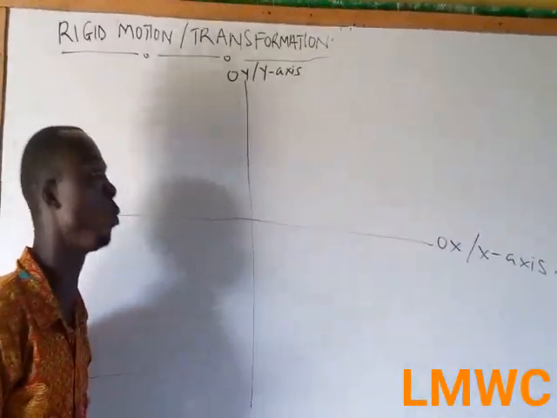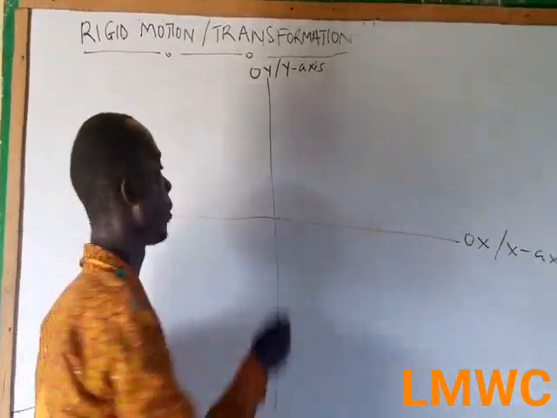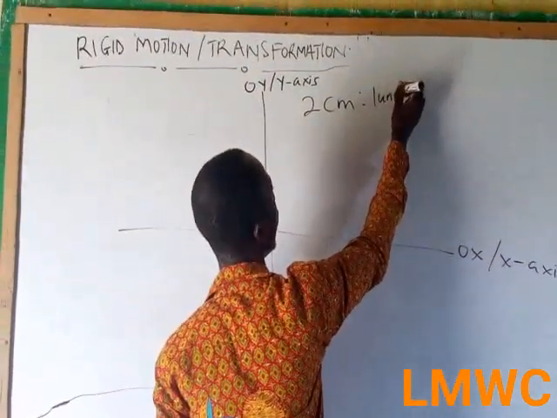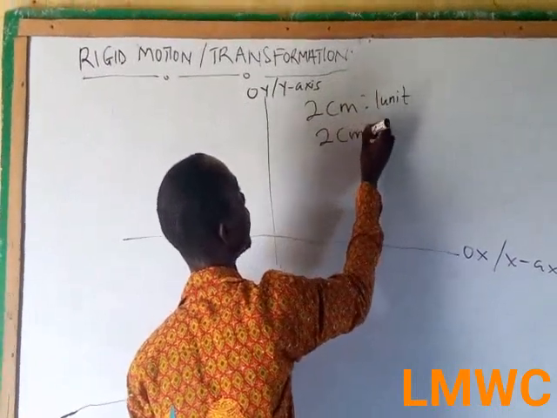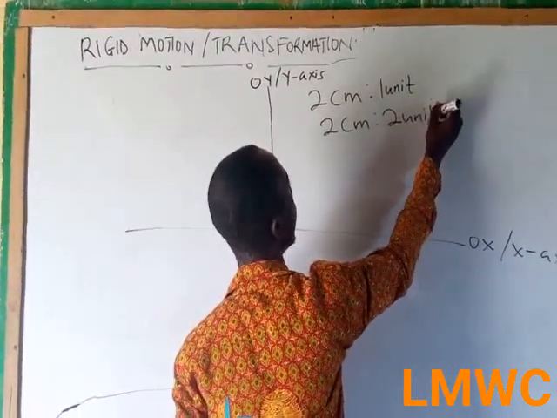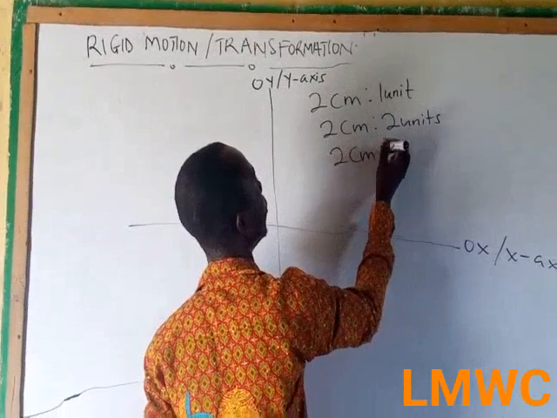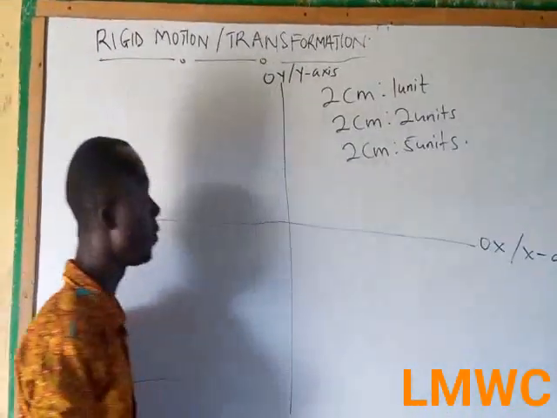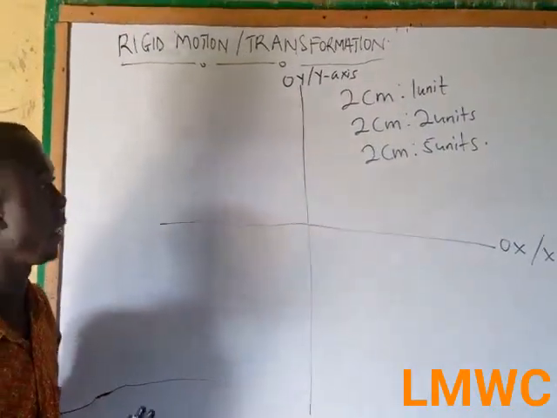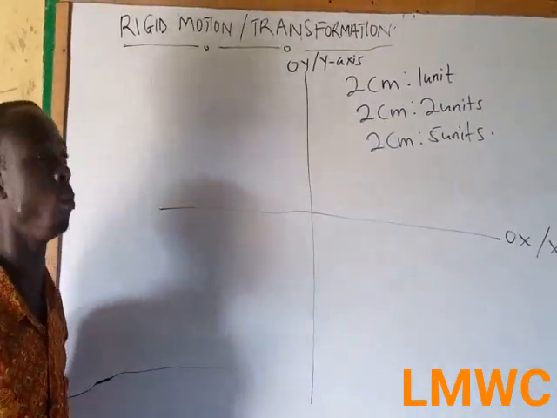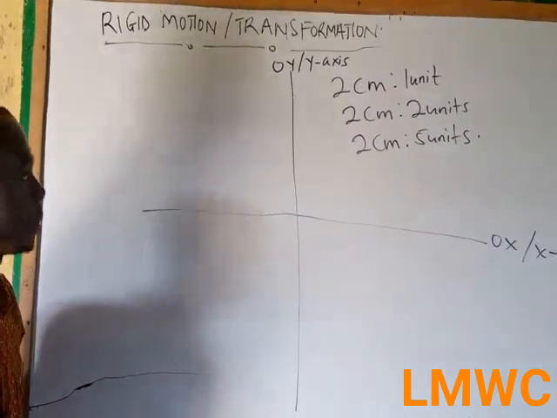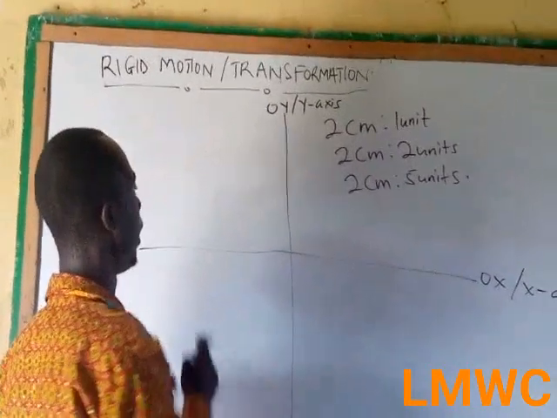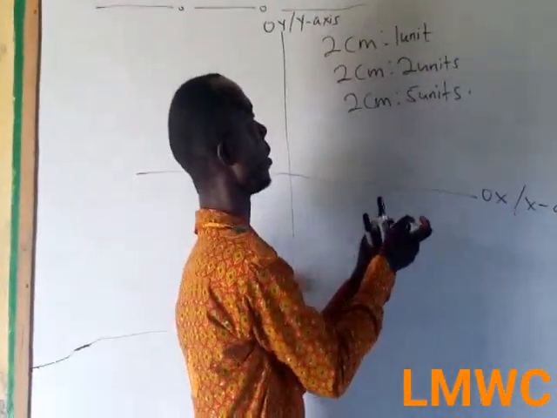Always for transformation, you will be given a scale, which is 2 centimeters to 1 unit, or it can be 2 centimeters to 2 units, or 2 centimeters to 5 units. Whenever you are given 2 centimeters to 1 unit on both axes, this means the y-axis will take the same scale and the x-axis too will take the same scale.